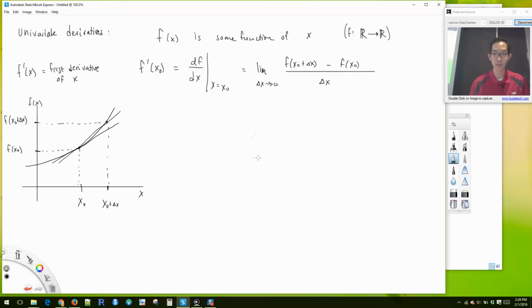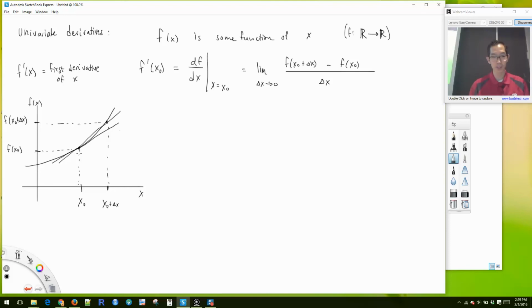And then we've got nice little power rules that tell us, like, when you have x squared, it turns into 2x and things like that.